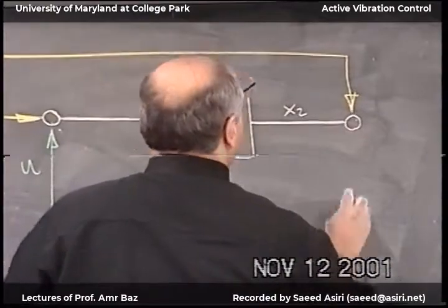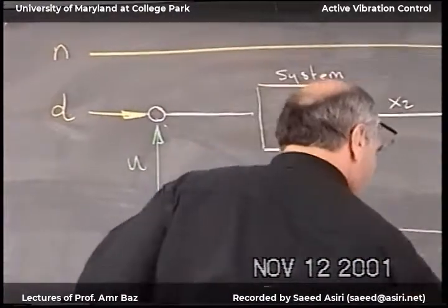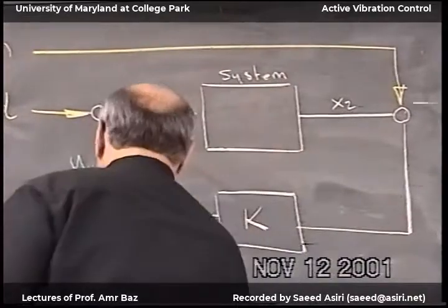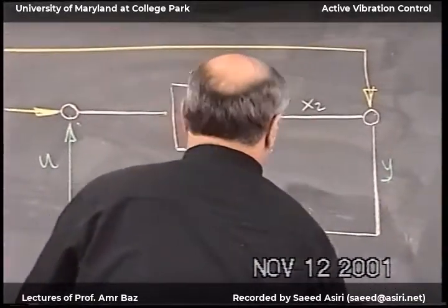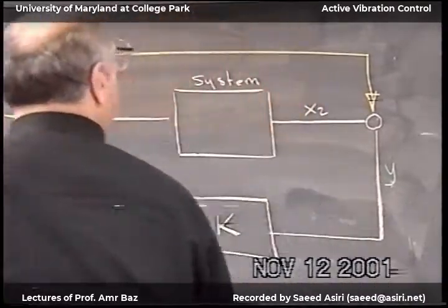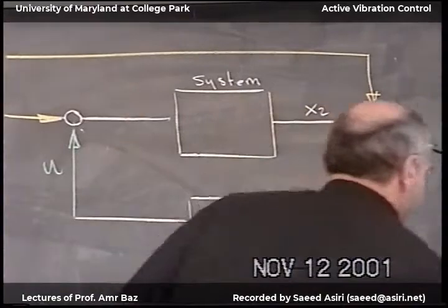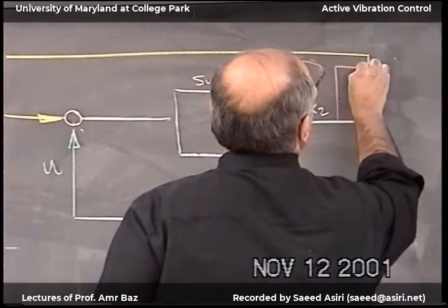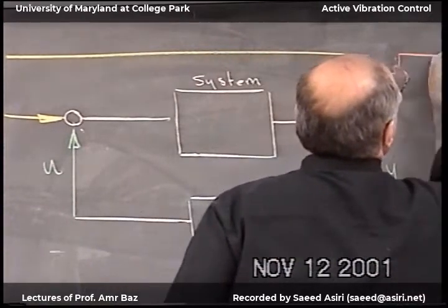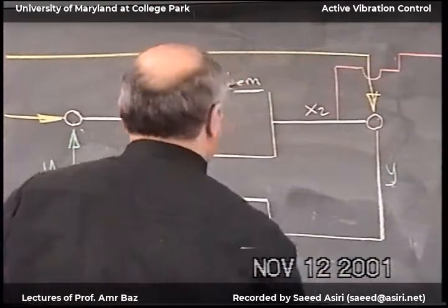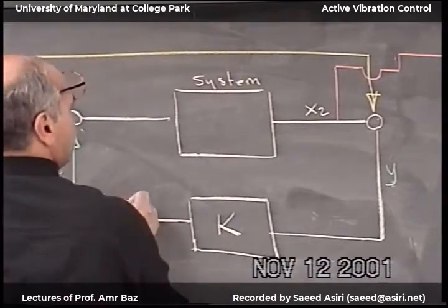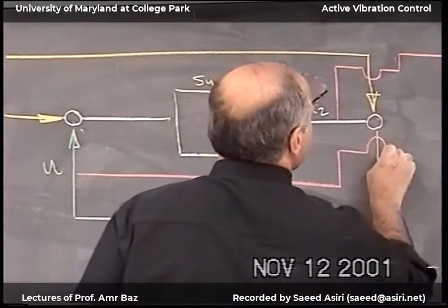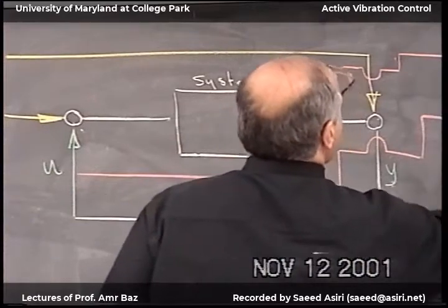And I have K. The noise plus the output is my Y. This is x2. And U.